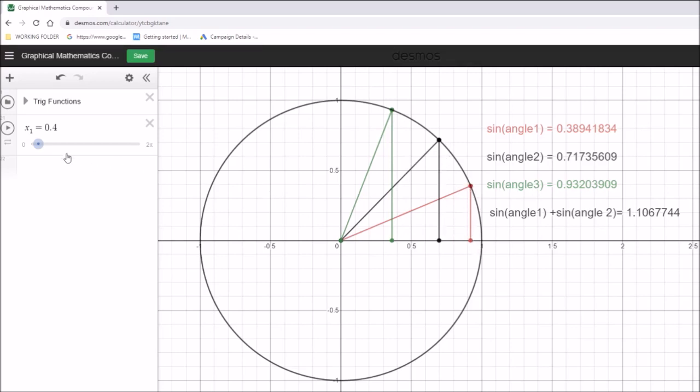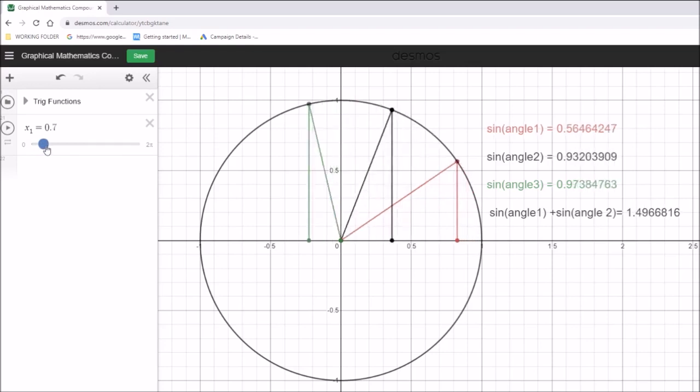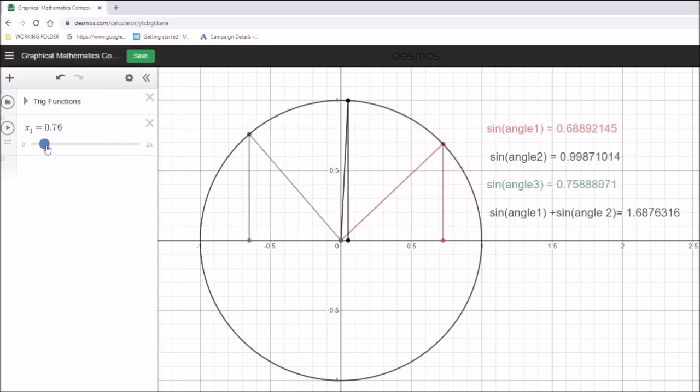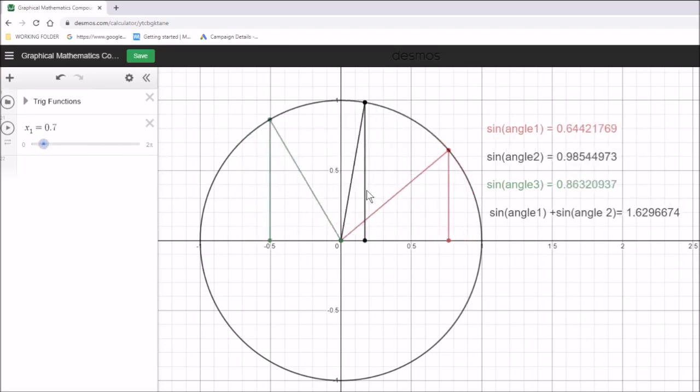And you can see that quite clearly if you move it further round. I'll move it round to this point here. Then if we say sine of angle 1 plus the sine of angle 2 equals the sine of angle 3, we would be saying that this height here plus this height here equals this height here, which is patently absurd, because the sum of these two heights is going to be greater than this height, and that's what it shows us here.